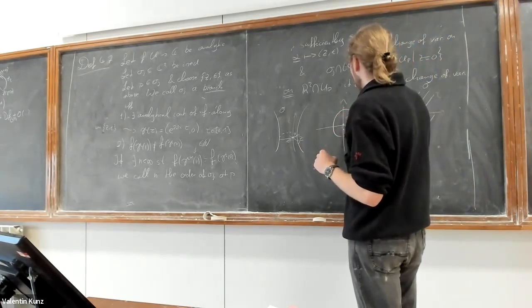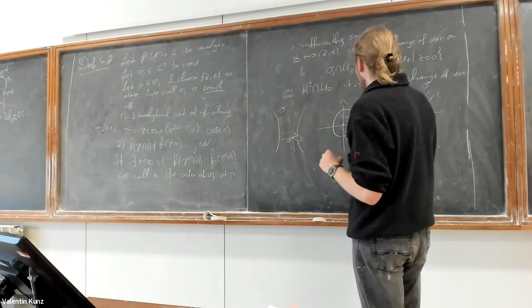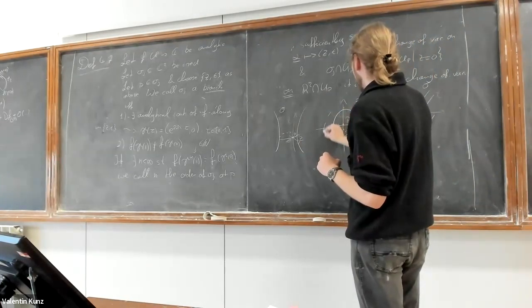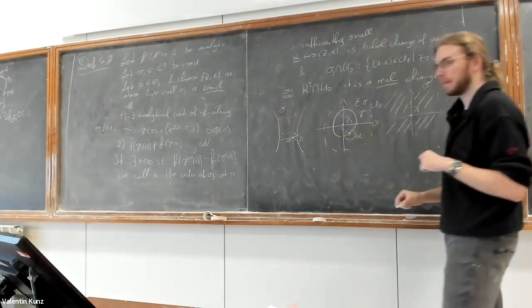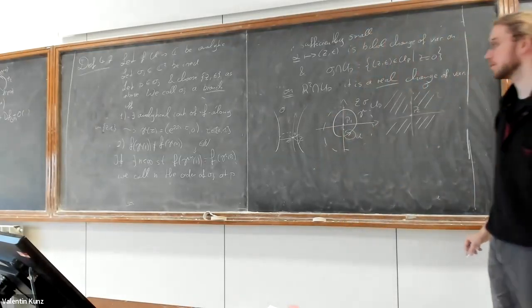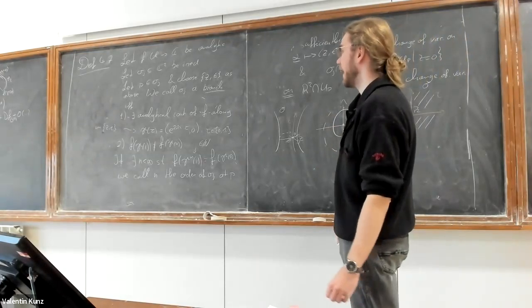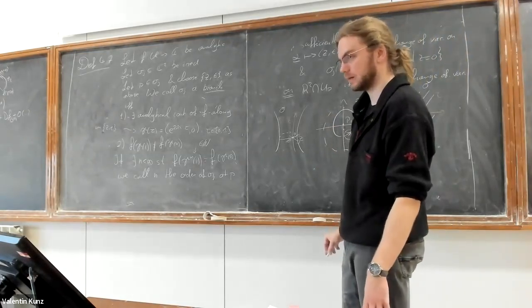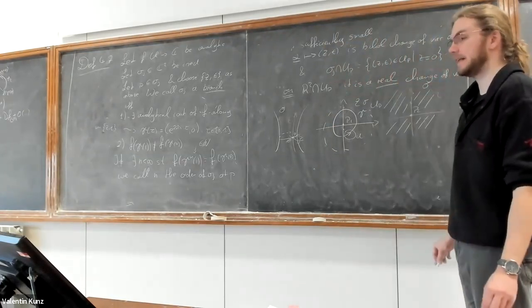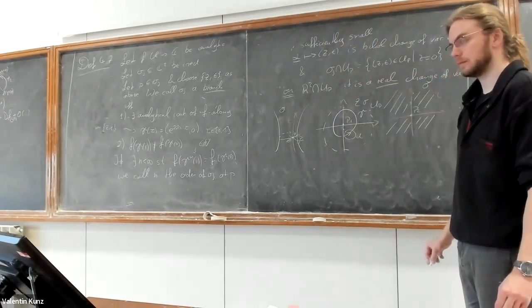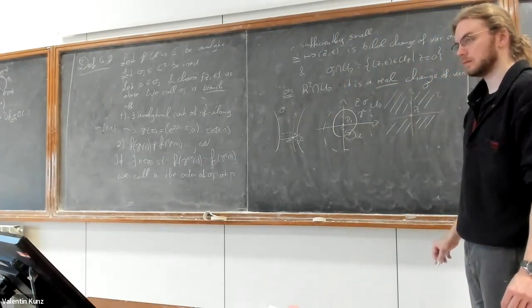The picture would be that f is analytic in U, but here I would have U_P, so U is contained in U_P, and gamma of t is contained in U_P. So f is not analytic in P, it's only analytic in U. Exactly.